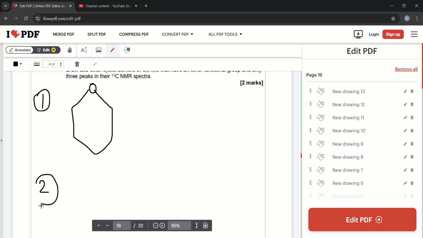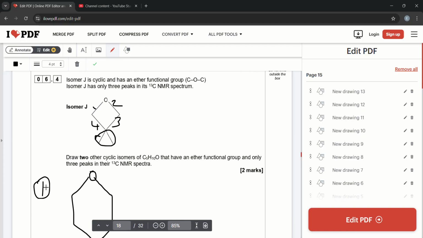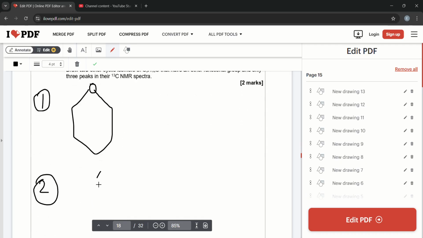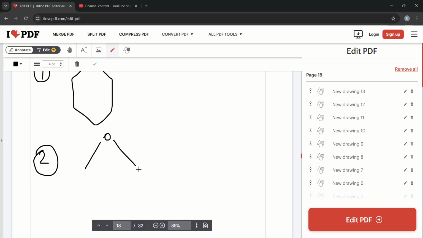The second cyclic isomer of C5H10O is, well, these two sticks. Now we can put them here. That's all we're going to do. We're going to move them there. So we're going to have oxygen here, there, there, and there.